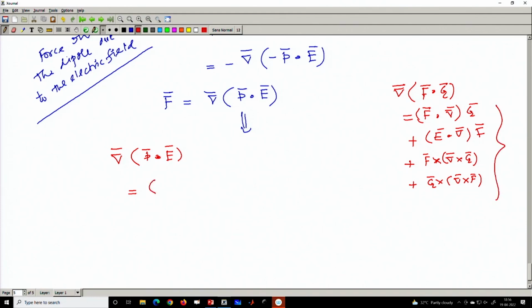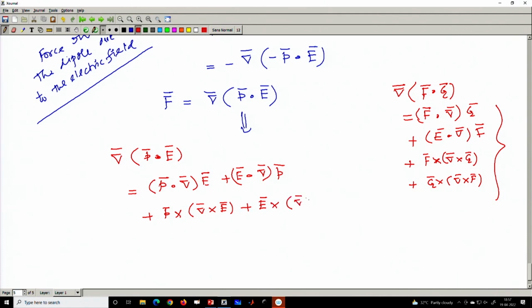So my first term will be p dot del operating over E, then E dot del operating over p, then p cross curl of E, and E cross curl of p.